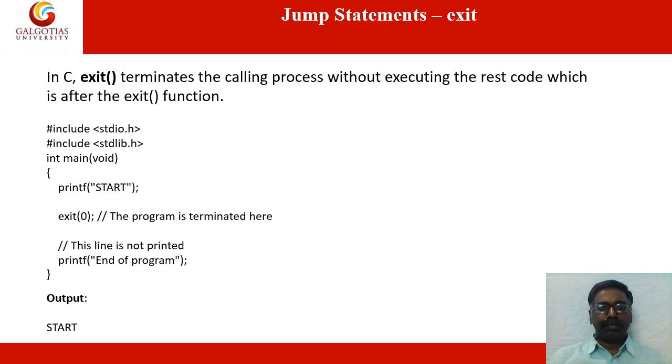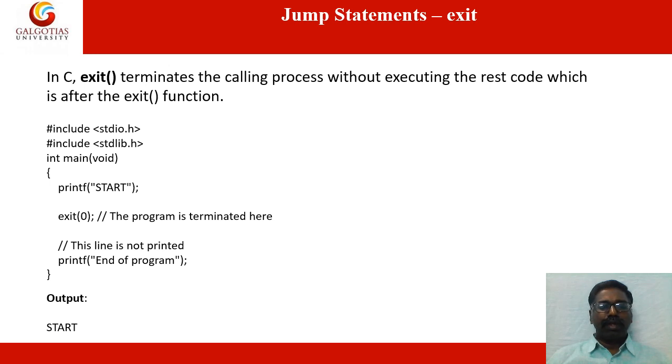Next, we are going to discuss the exit statement in the jump statements. In C, exit terminates the calling process without executing the rest of the code after the exit function. Once the code reads the exit statement, it immediately terminates abruptly.